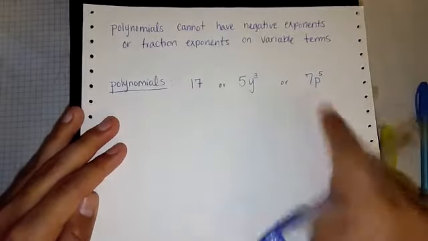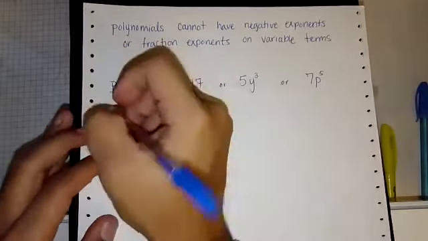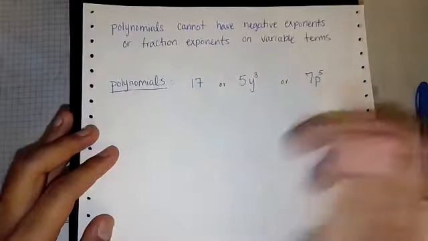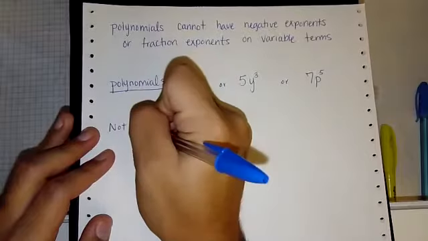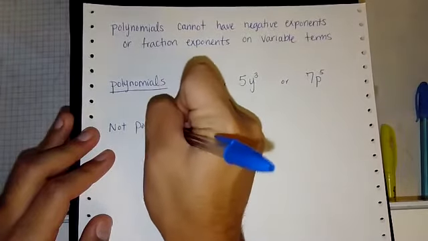Those would all be monomials, or a small polynomial. But these are examples of not polynomials.